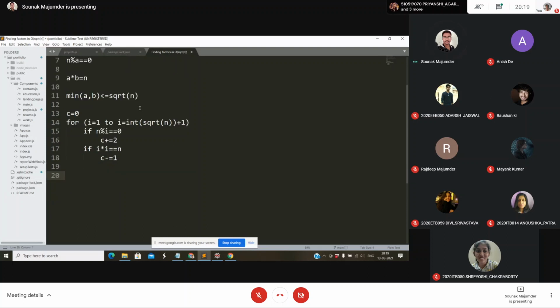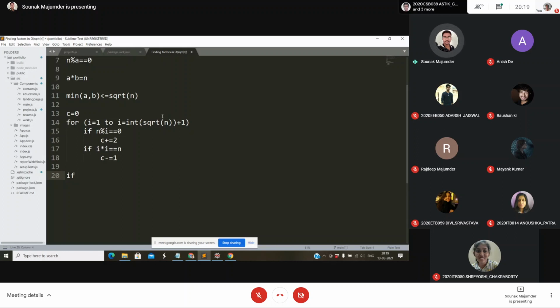Now here in c, you get the count of the factors, including 1 and the number itself. So you can use this to check if the number is prime or not, and also you can use this algorithm as a subpart of several other programs, because in a lot of problems we have to find the number of factors and then do this or that.